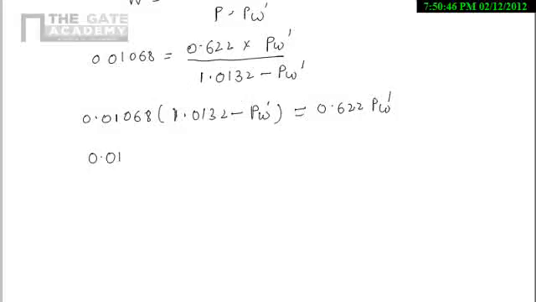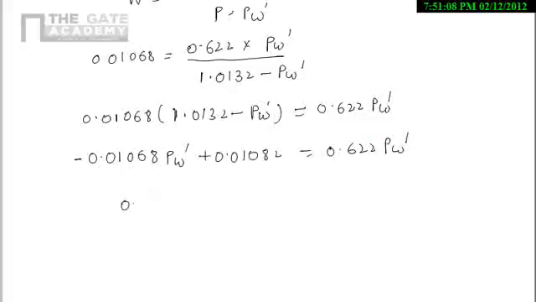So 0.01068 times minus PW dash, plus 0.01082 equals 0.622 PW dash. So now we can see 0.6327 PW dash equals 0.01082.